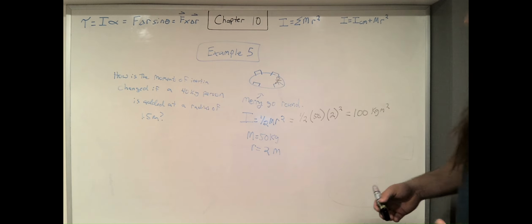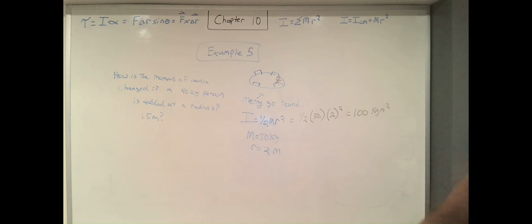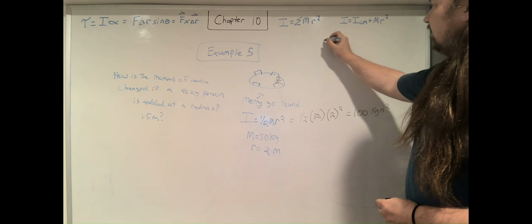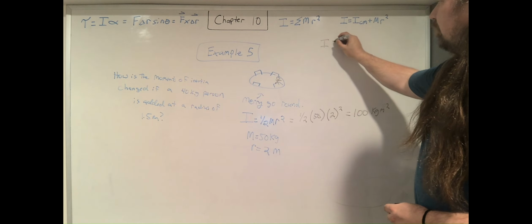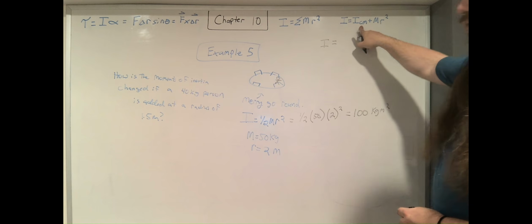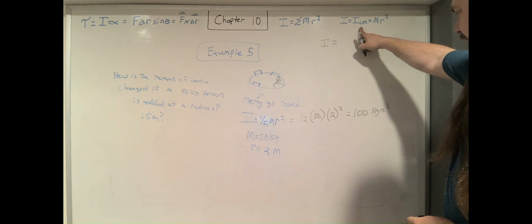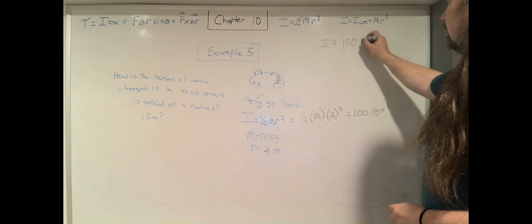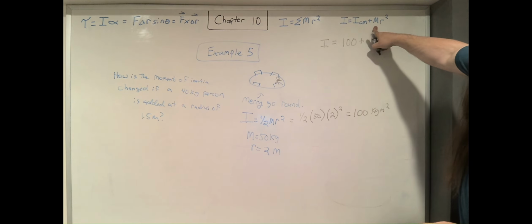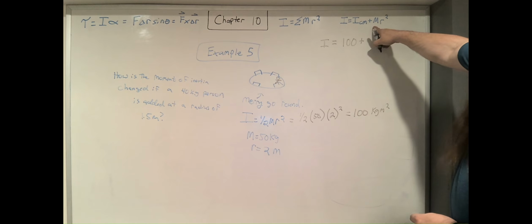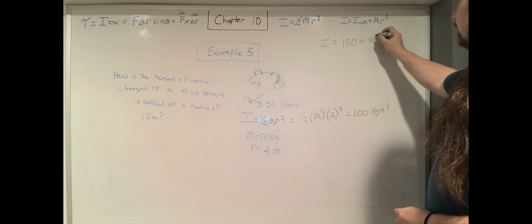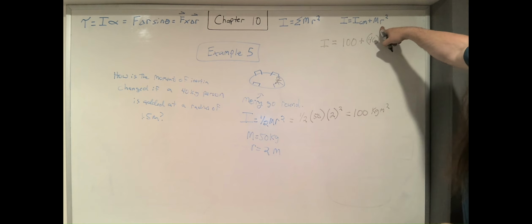By adding an extra person on, I've changed it. How much has it changed to? Well, I can use the parallel axis theorem. And I can say the new moment of inertia is equal to the old center of mass moment of inertia, which was 100, plus anything I add. So the mass, which would be the person I've added, which is 40. And where did I place that person?